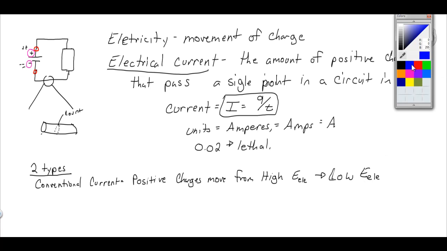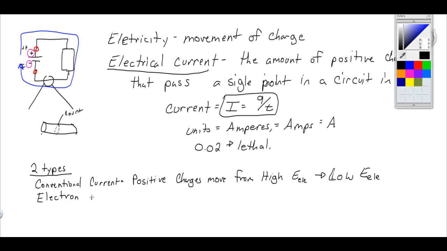And I'm going to trace that out in blue on my circuit here. So that means that the blue line here traces out conventional current. Okay, and it goes from the positive side of the battery, which has a higher electric potential energy, and then down to the negative side of the battery, which has a lower electric potential energy. Now, the next type is called electron flow.